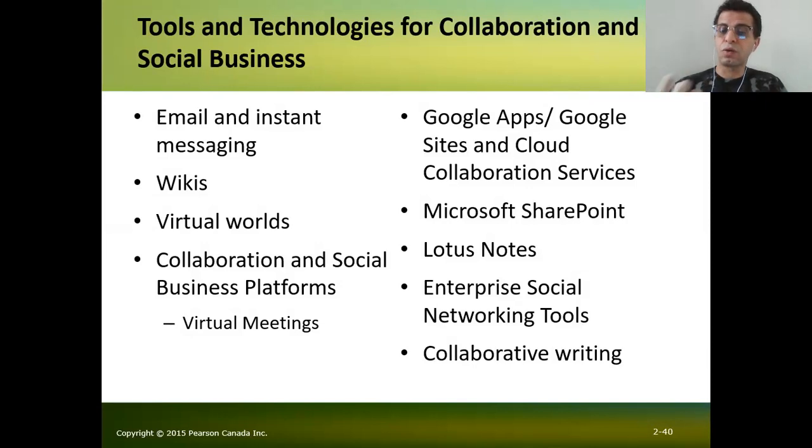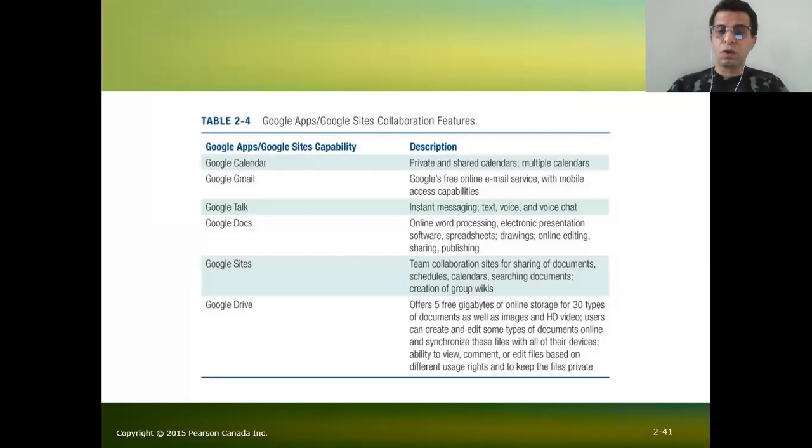Google Apps, Google Sites, cloud collaboration services, Microsoft SharePoint, IBM Lotus Notes, enterprise social networking tools, and collaborative writing. Google Apps and Google Sites, you have seen and used them: Google Calendar, Gmail, Google Talk, Google Docs, Google Sites, and Google Drive. All these tools help you have better collaboration.